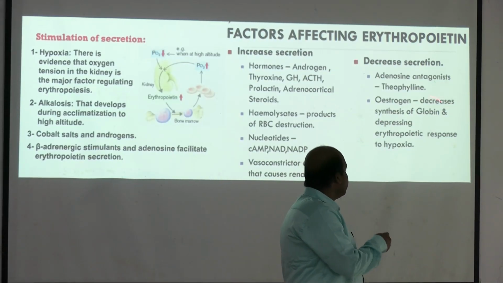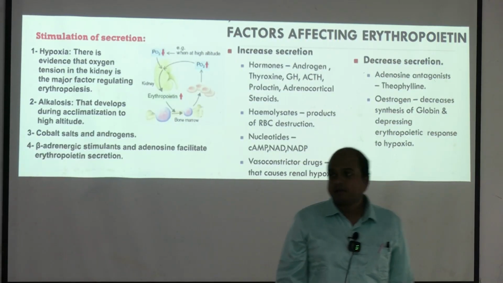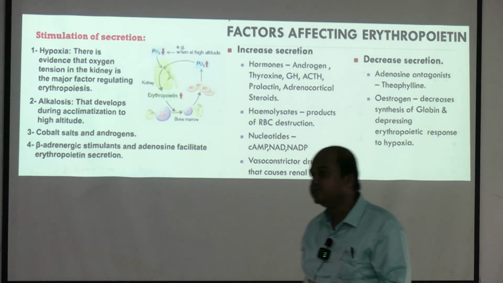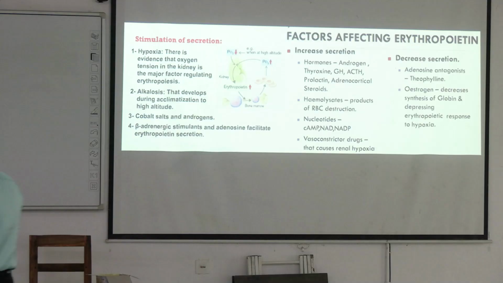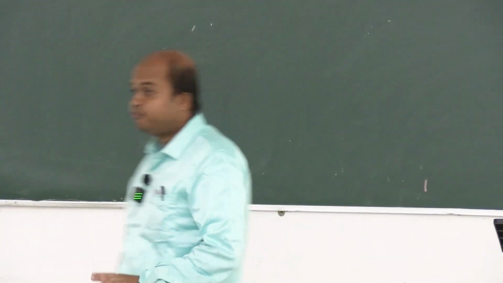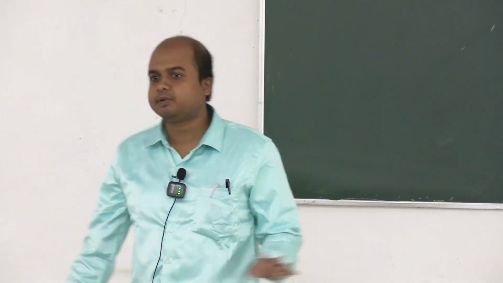Only one hormone is known to sometimes decrease erythropoietin secretion: estrogen. One cause attributed to somewhat lower RBC counts in females than males is that estrogen is primarily a female hormone.